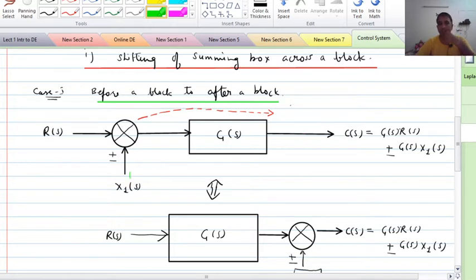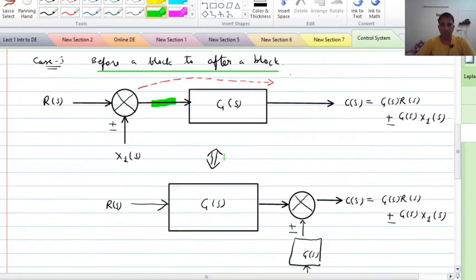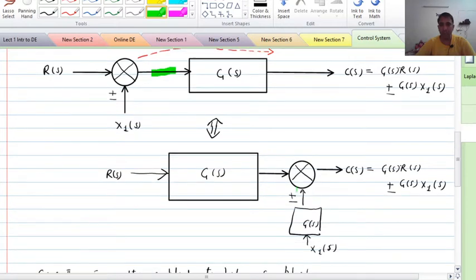Now in this case, because we have put a plus or minus sign, at this instant we will get Rs plus or minus X1s. This will get multiplied with Gs, and we will get Gs Rs plus or minus Gs into X1s. And we want to shift this summing box, so we need to add an additional block here that should also have the same condition that we get in the previous case.